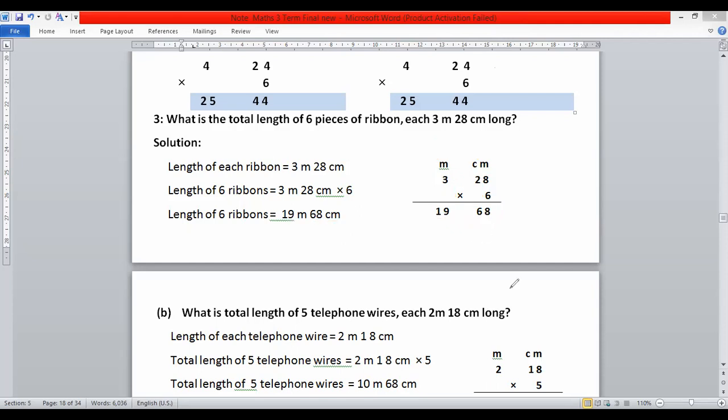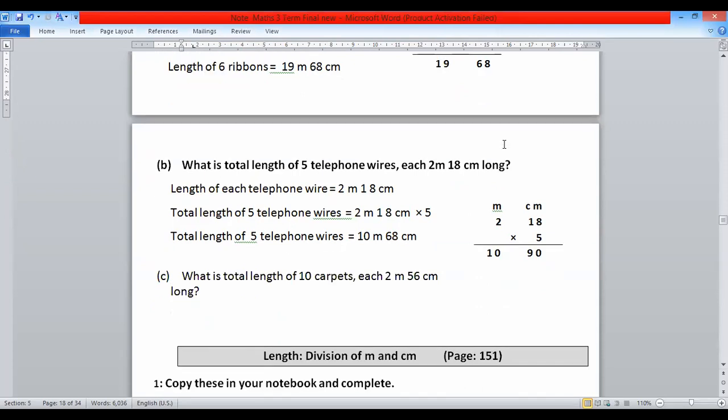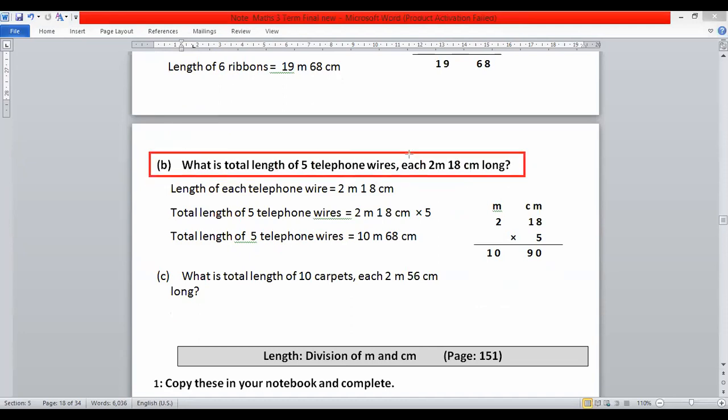Students, in this way you can solve the word problems B and C as well. The word problem B is: what is the total length of 5 telephone wires if each length is this?